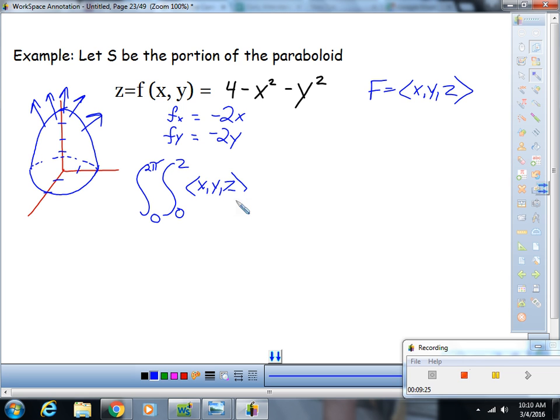What are we going to dot that thing with? Positive 2x, because it's the negative partial, because it wants it upward. It's stated in the directions, the upward one, and that's why I've got these arrows pointed like this, okay? Otherwise, you wouldn't know. So it's going to tell you whether it wants the upward or the downward, because it'll have an effect.